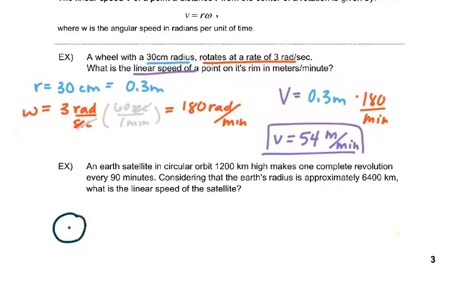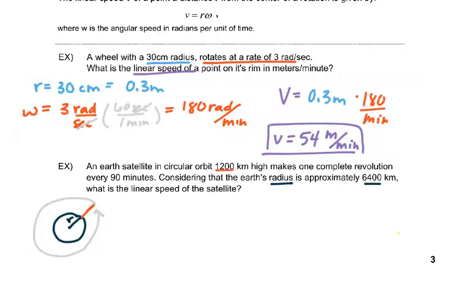So here's my Earth, and the Earth has a center. And we know what the Earth's radius is. That right here is 6,400. Now, the satellite's up in the air, and it goes around. It takes about 90 minutes to make that full circular rotation. We also know the height of this satellite.